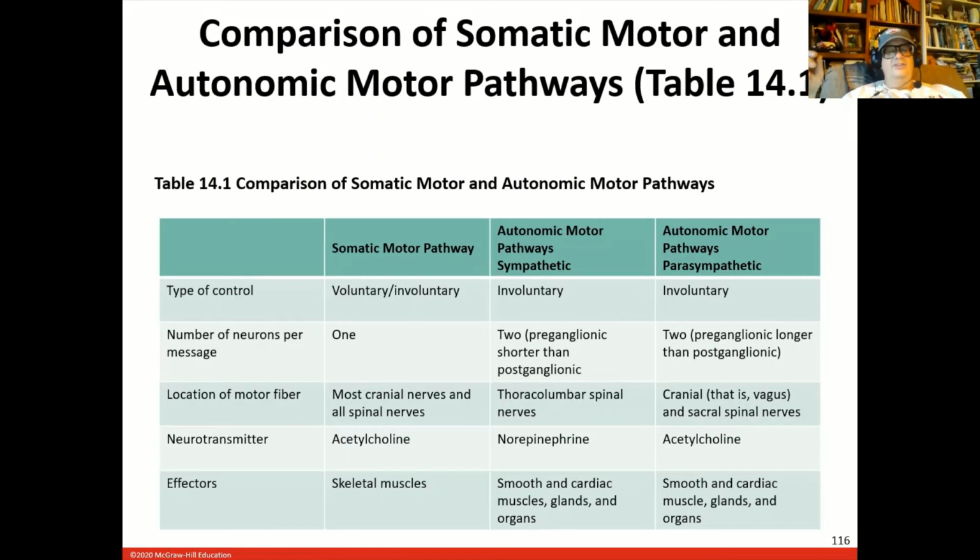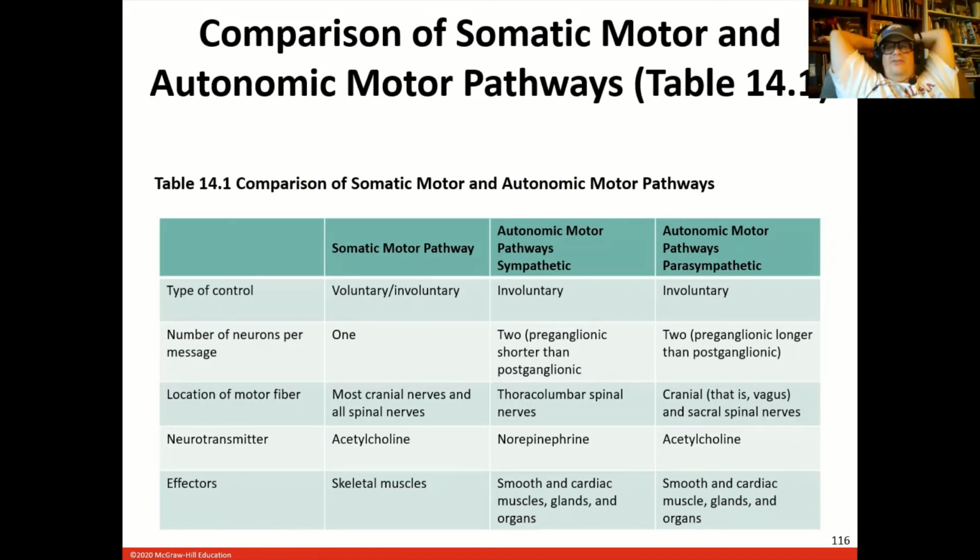All right, location of the motor fiber. Where are these motor fibers? If it's in the somatic pathway, we're talking cranial nerves, spinal nerves. If it is autonomic and it is sympathetic, helping you fight, helping you run, that's going to be your thoracic or your lumbar spinal nerves.